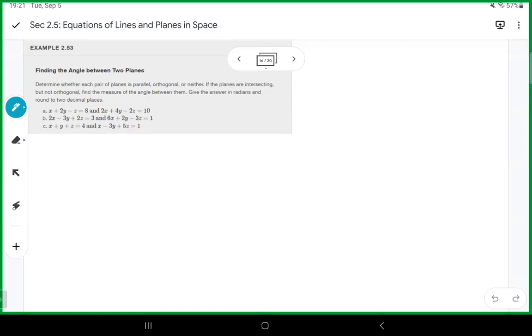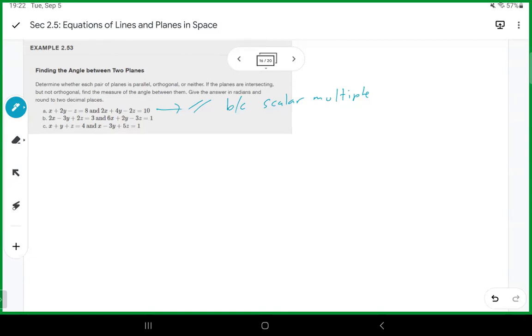So the normal vectors are parallel, and so then the planes are parallel, because scalar multiple.